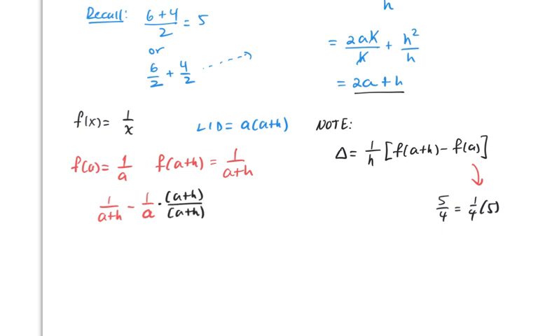This one is missing the (a plus h). This one is missing the a. And then remember from here, you have a minus (a plus h) divided by a times (a plus h). Here the a's cancel, and you end up with minus h over a times (a plus h).